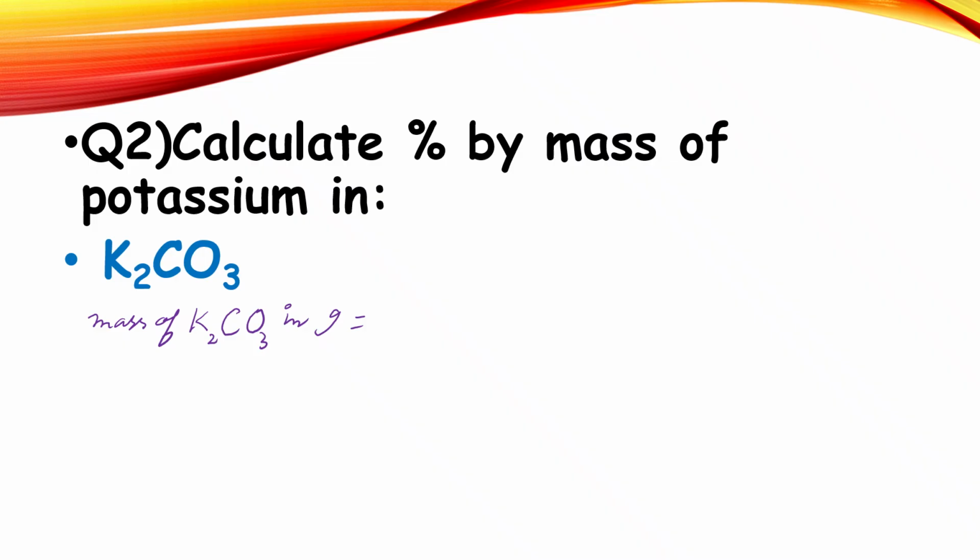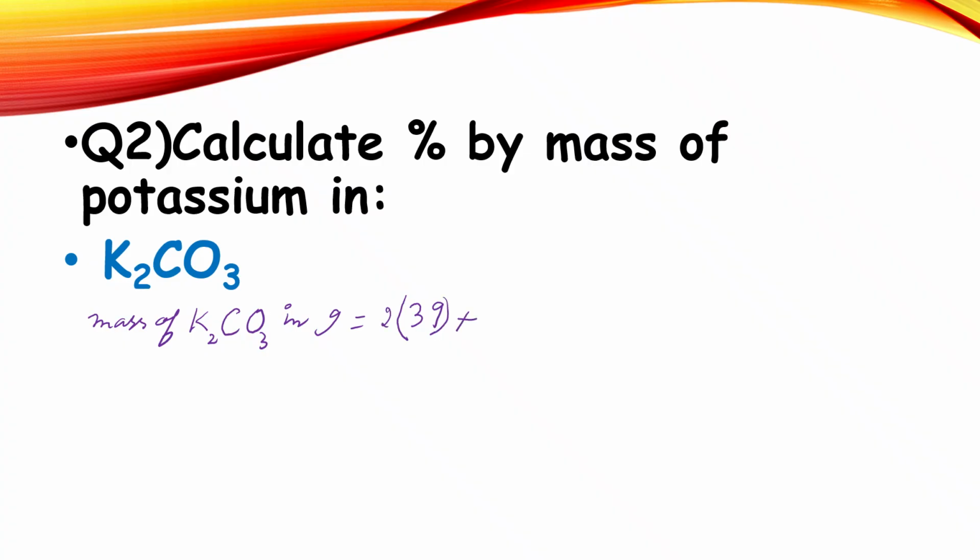From periodic table, we know that relative atomic mass taken in grams of potassium is 39, and since from the formula we know that there are 2 atoms of potassium in this compound, we'll multiply 39 by 2.